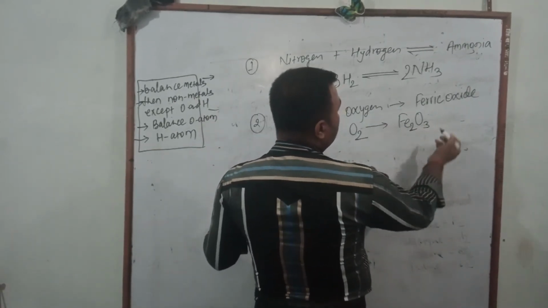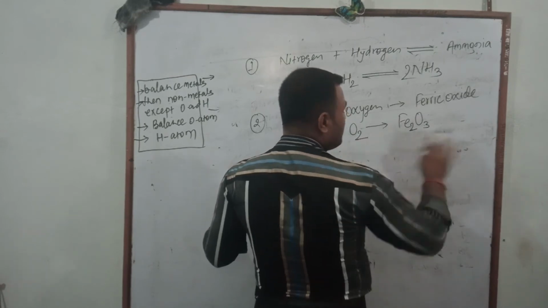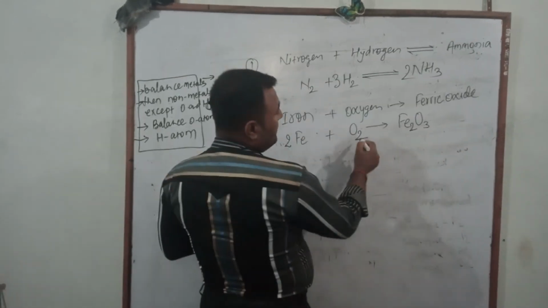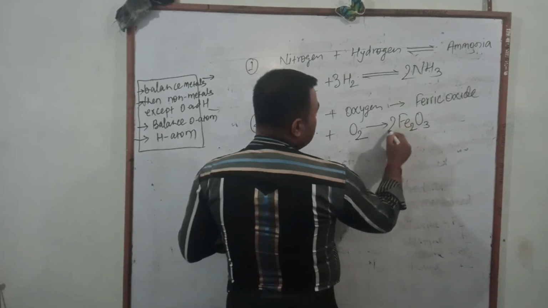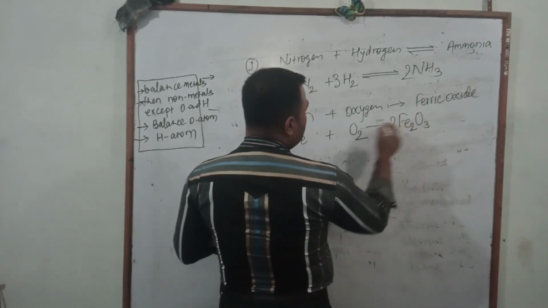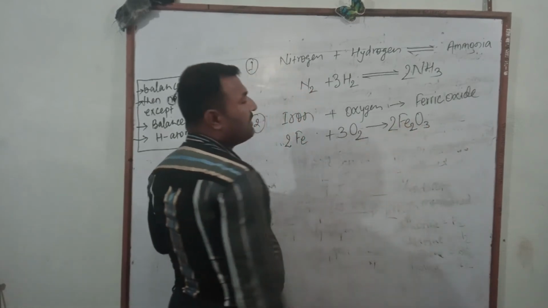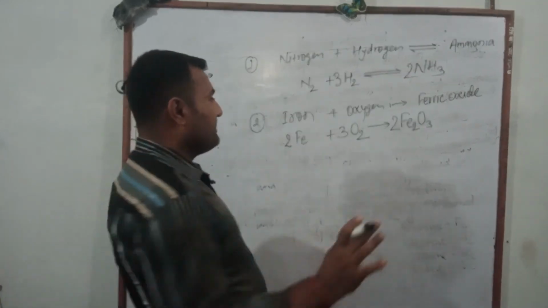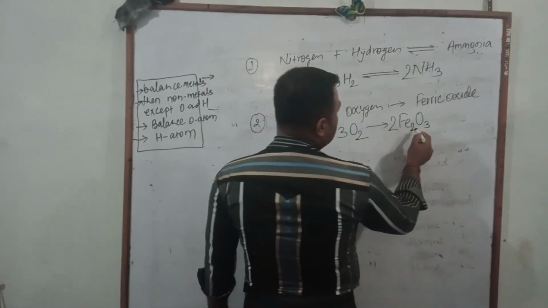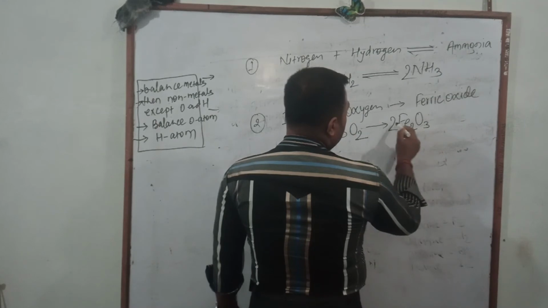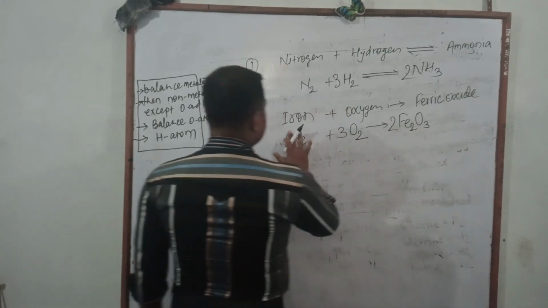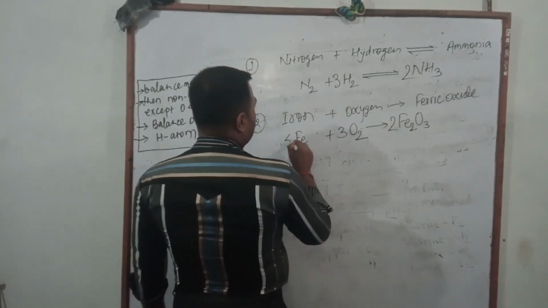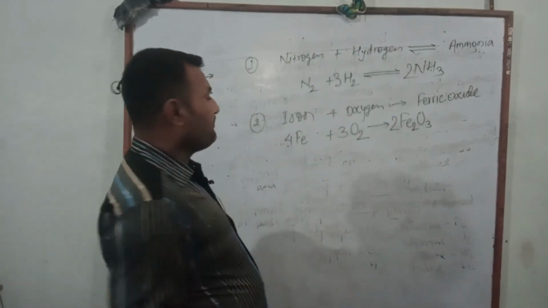Therefore, we apply cross multiplication to make an equal number of oxygen. 2 is multiplied with ferric oxide, 3 is multiplied to oxygen, and the number of oxygen becomes equal. Now we again count the number of iron. Iron is 2, to make 4 we write 4 here, and then it gets balanced.